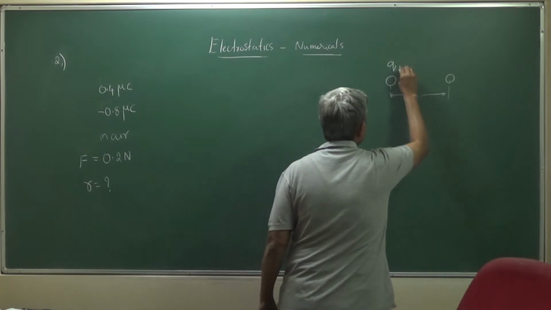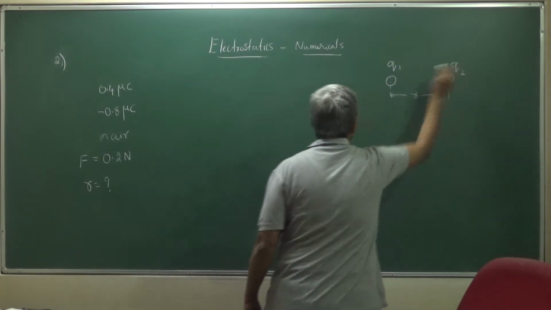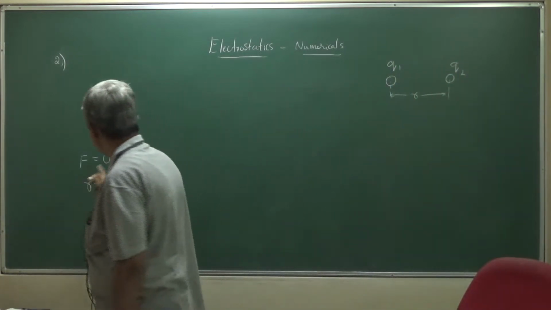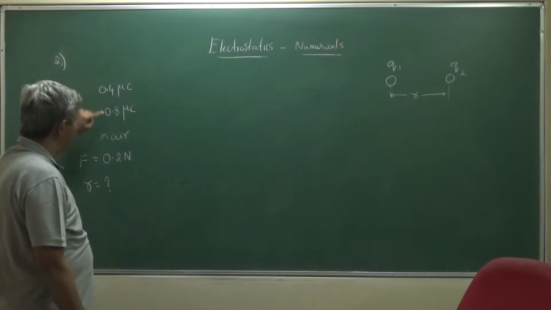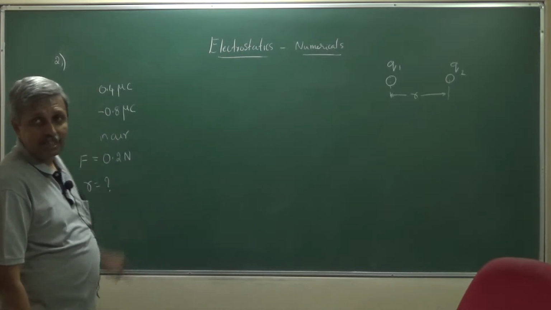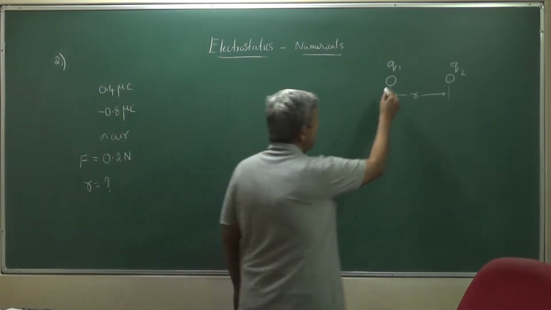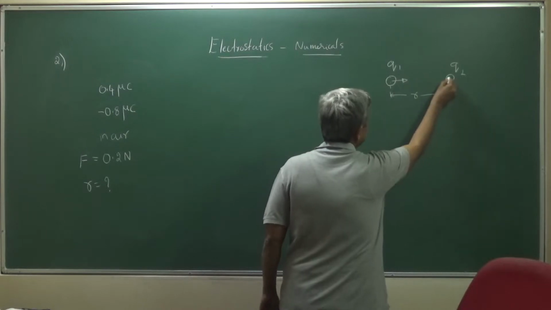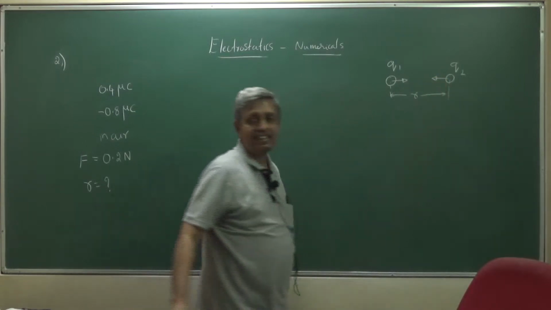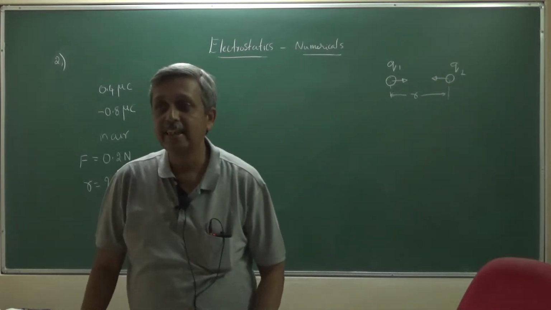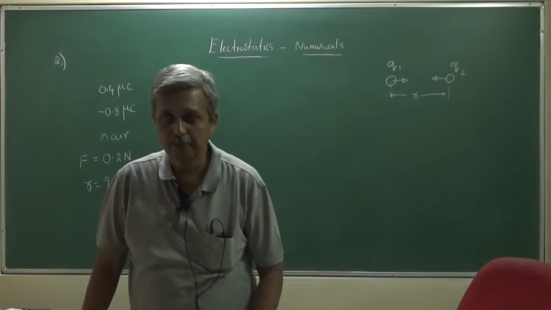One of them is positive, another one is negative. So positive and negative means they are going to attract each other. Unlike charges attract, the force will be like that.